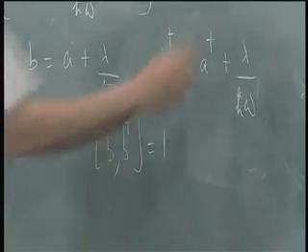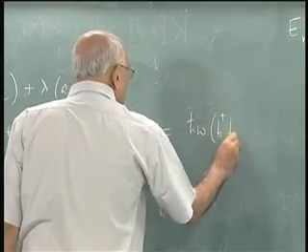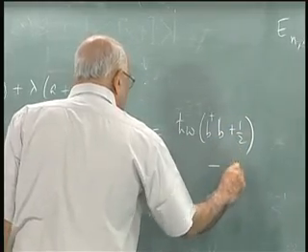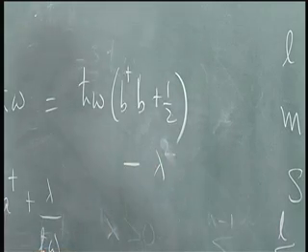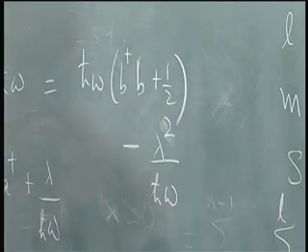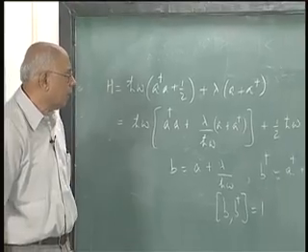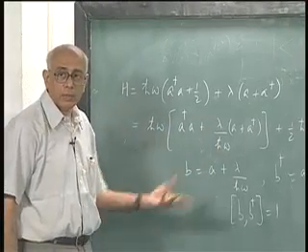So this whole thing becomes ħω(B†B + 1/2) minus λ squared over ħω. If I complete squares, there is an extra term I have added, which is λ squared over ħ squared ω squared, but there is one sitting outside here, that is it.